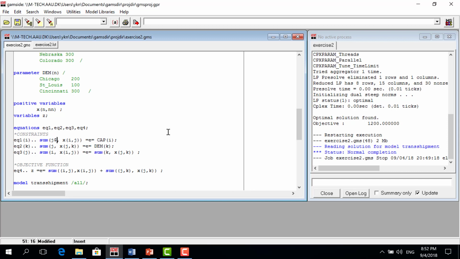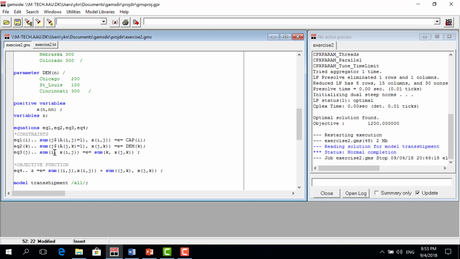Dollar means if, and then A(I,J) is equal to 1, and X(I,J) satisfy equality. And similarly, we also need to put here this condition A, but it is not I,J, but J,K.